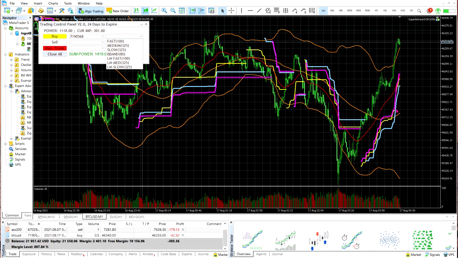So fast is yellow, the blue one is medium, slow is slow. This is a period. The period can be changed in the parameters of the system. And here there's Bollinger Band. You can also move your stop loss, and the pending orders can move according to the lines here.